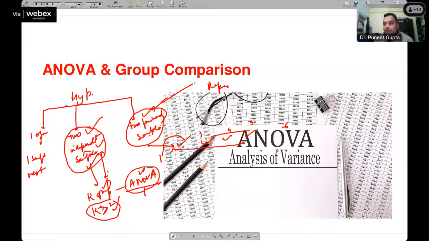You are measuring the same thing, but at various time points. Like at the time of admission, you note down some readings. After 1 week, same reading. So the measurement is same, but you are repeating the measurement at various points of time. So the second test we will be covering today is repeated measures ANOVA.